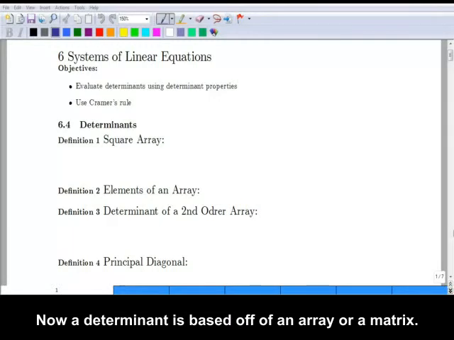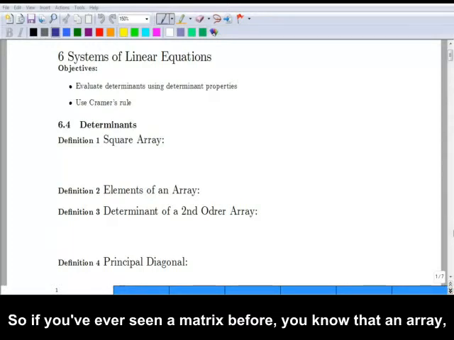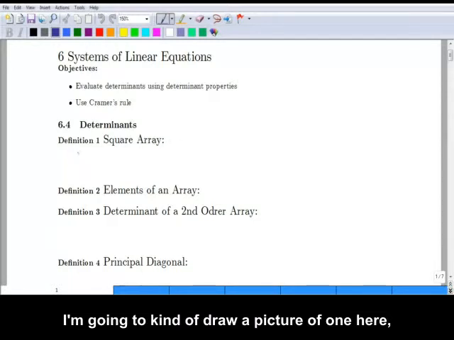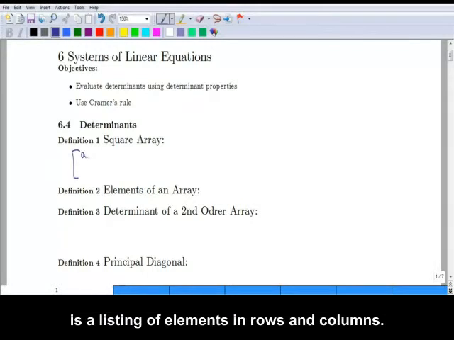Now, a determinant is based off of an array or a matrix. So if you've ever seen a matrix before, you know that an array, I'm going to kind of draw a picture of one here, is a listing of elements in rows and columns.